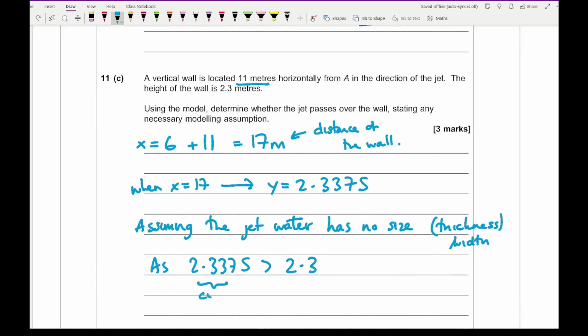So let me just write the curve, and this is the wall. Then it clears the wall. So something along those lines would be absolutely fine.